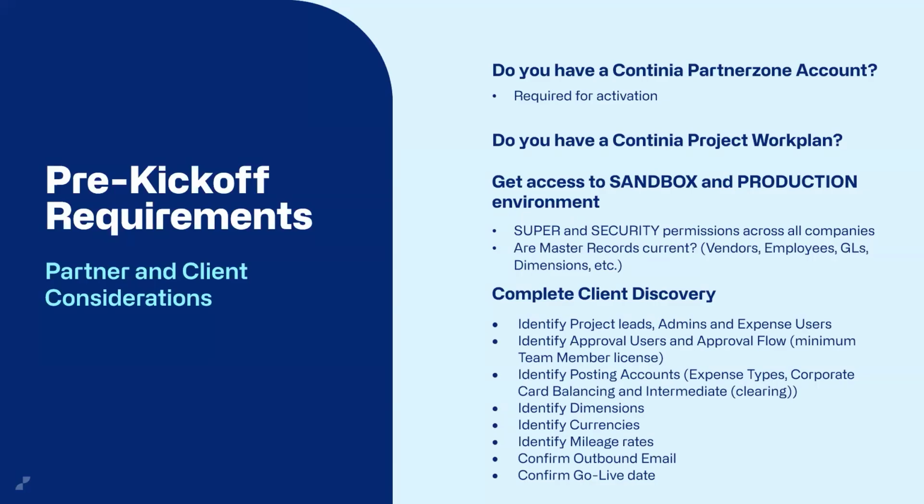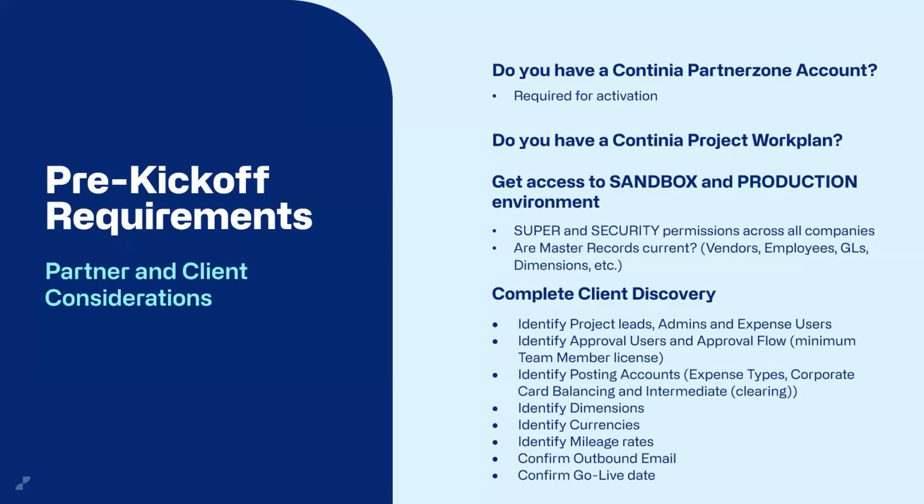Next, you want to confirm: do you have the current version of the Continia project work plan? The Continia project work plan is an internal document that Continia has created to manage implementations for our solutions. This is a resource that we at Continia North America use for our implementations if we implement a project directly. We would want you as the partner to also use this document because it's coming directly from us and it provides the best case scenario for you to make sure that you're covering all of your bases and you know exactly what's involved in a Continia implementation.